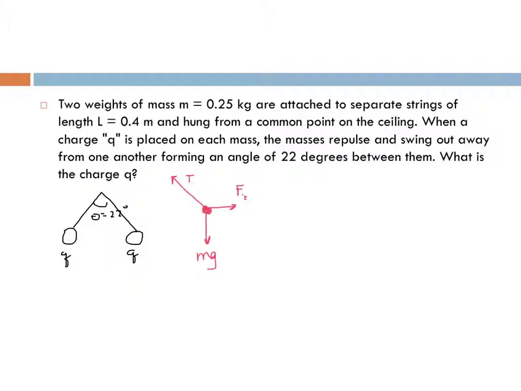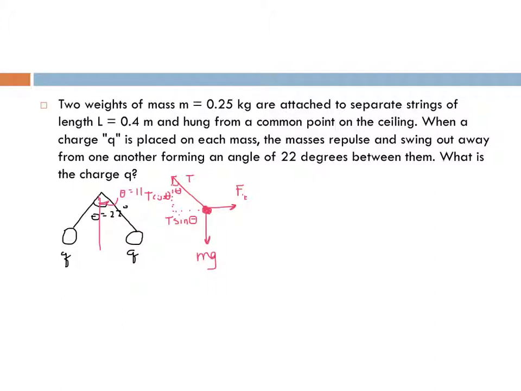Now, to write the sum of the forces, we can say that this piece will be T sine theta. In this case, theta is not 22, but 11. And this side can be T cosine theta. Again, everything is in equilibrium.